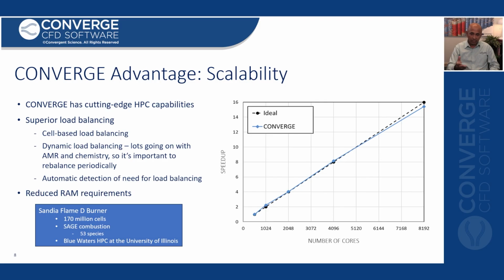On the screen, I'm showing you an example of the Sandia Flame D burner. It had about 170 million cells, so it's a really refined simulation. And you can see near-linear speedup up to almost 8,200 cores. So that's the strength of Converge. It's highly scalable.